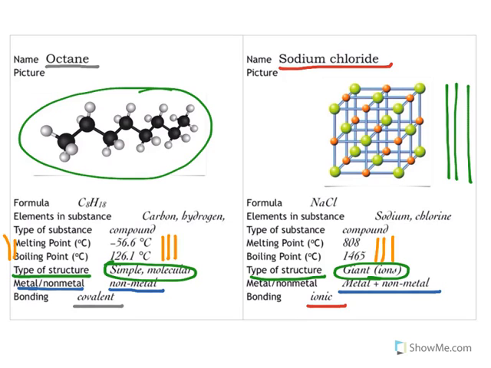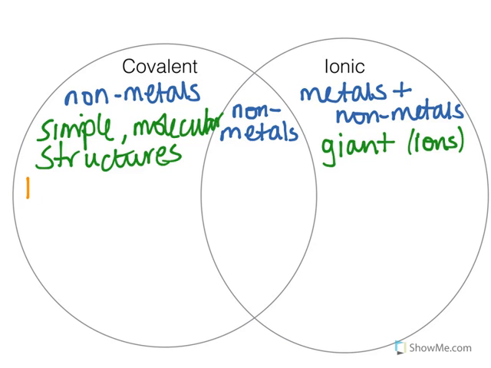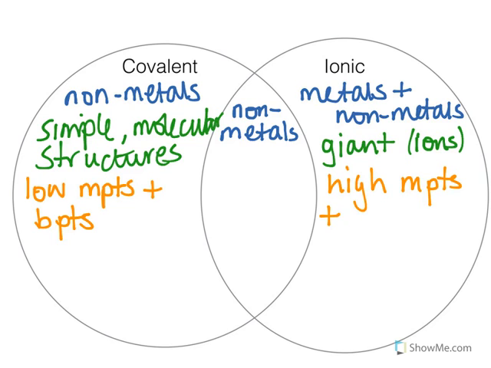Whereas with sodium chloride, if we want to melt it, we have to heat it up to 808 degrees C, and if we want to then boil it, turn it from a liquid to gas, we have to go really high, 1465 degrees C. So if we record this major difference, we see that covalent substances have low melting points and boiling points, whereas ionic substances have very high melting points and boiling points.